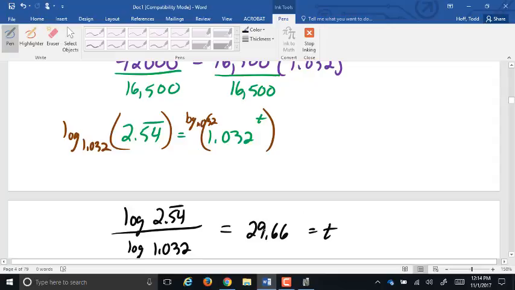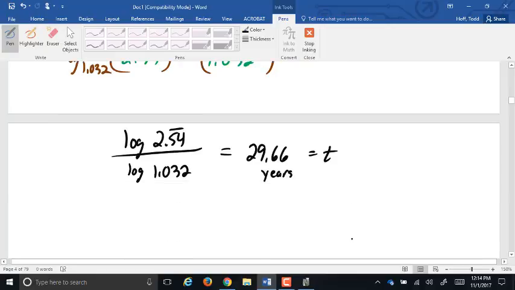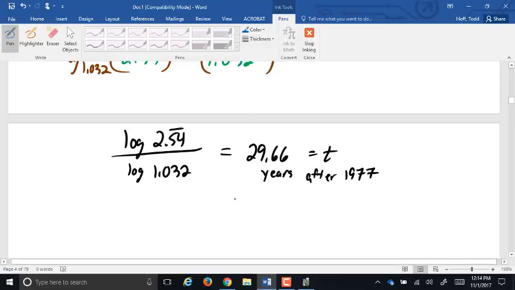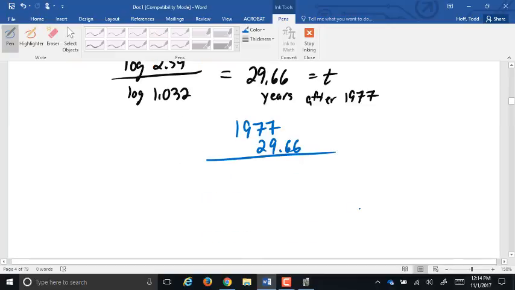So that's 29.66 years after 1977. So now I have to be careful. If it's asking what year does this happen, I have to take my 1977 and add 29.66 years to it.